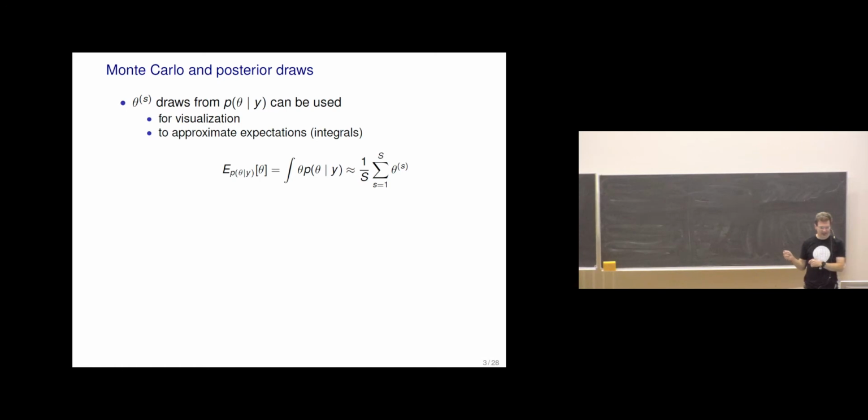And in this case, for example, if we want to know the expected value, the posterior mean of theta, we just get these posterior draws from this posterior distribution and compute the empirical mean. We come later in chapter 10 to more about the accuracy of this approximation.